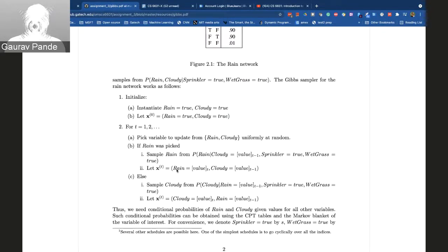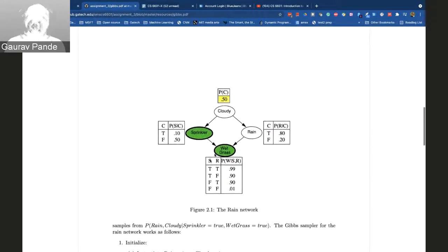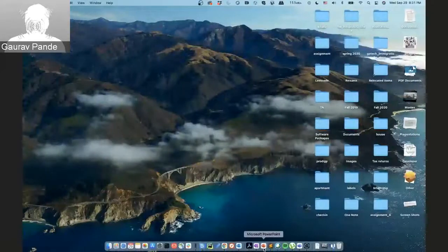So you are repetitively getting the same probability. That means you now have enough samples, or you have done enough sampling to infer that, okay, this as a whole is the true probability that it will rain given the sprinkler is on and the grass is wet. So that is the idea here.